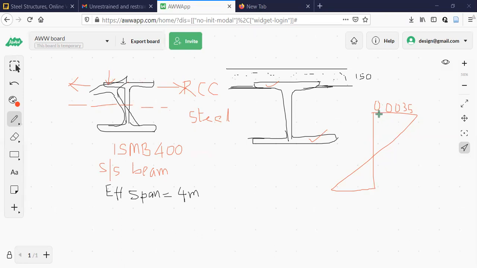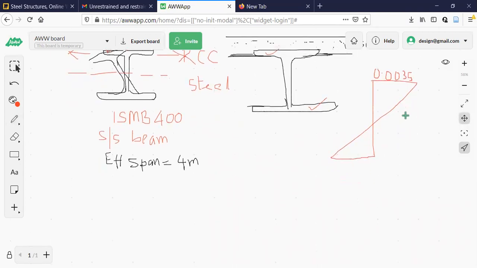Now observe this one, 0.0035. Whatever strain has reached here, the strain in the steel might have reached any number. But once the strain in concrete has reached this much, it has failed. It is no longer in a position to sustain or take any loads.